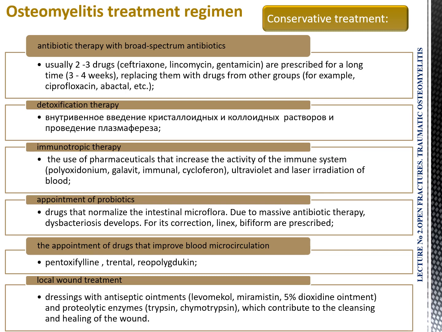In parallel with powerful antimicrobial therapy, taking into account the intoxication phenomena we have, the question of proper detoxification therapy is very acute. With intravenous administration, sometimes a sufficiently large amount of crystalloid solutions and colloidal solutions of the detoxification series is used, which allows you to cause hemodilution and bind toxins.